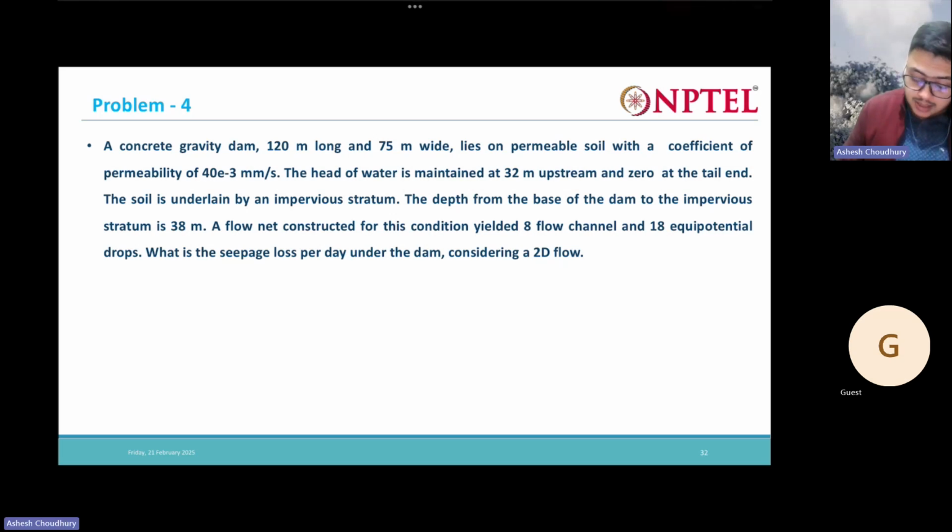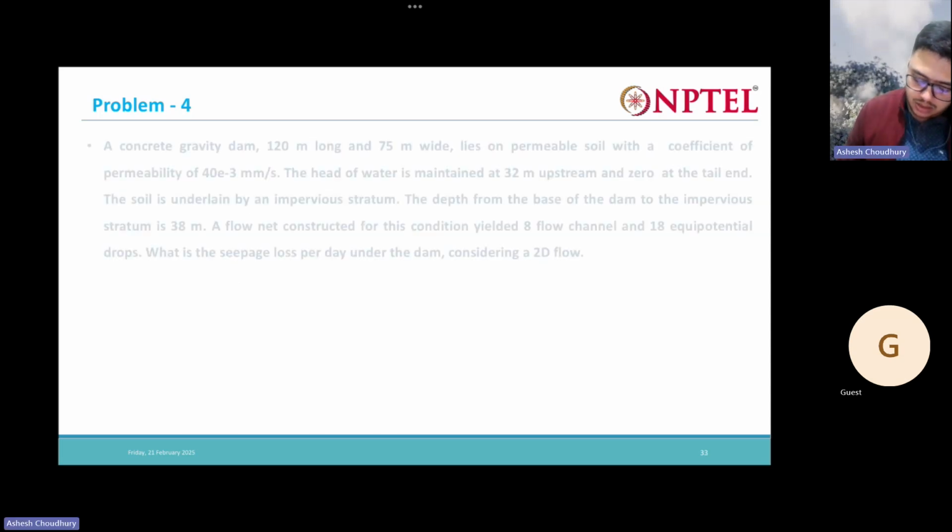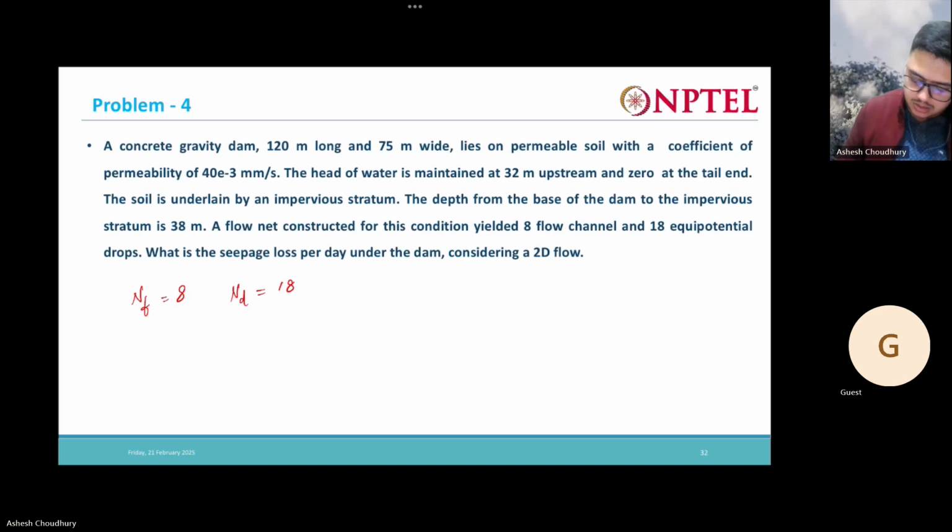So how many flow lines are given? The number of flow channels is 8, and the number of drops is 18. It's a concrete gravity dam, maybe like this.